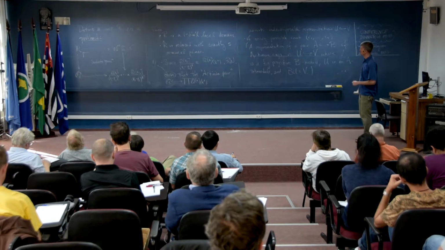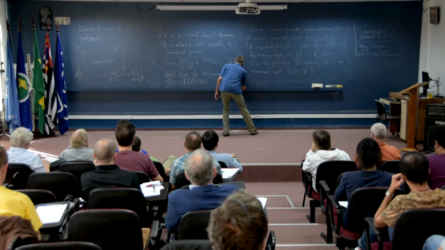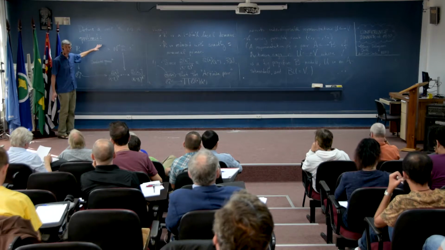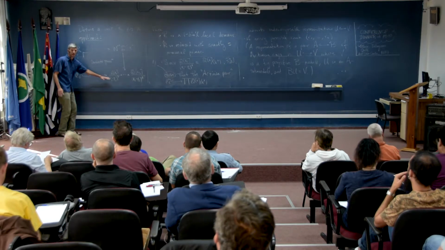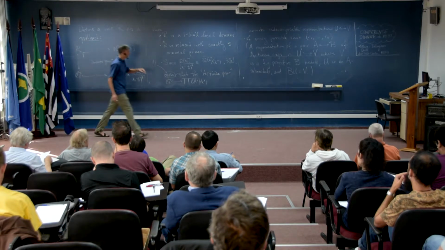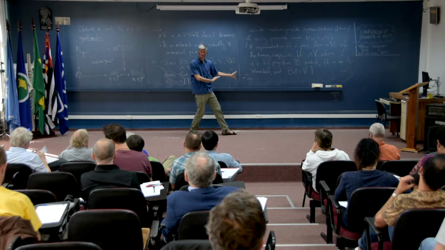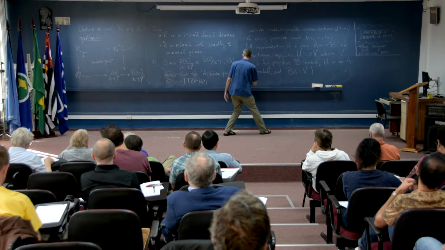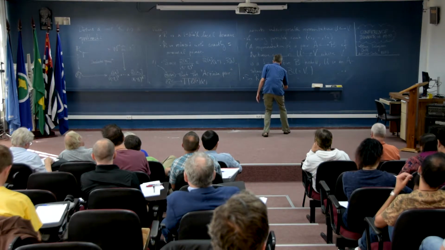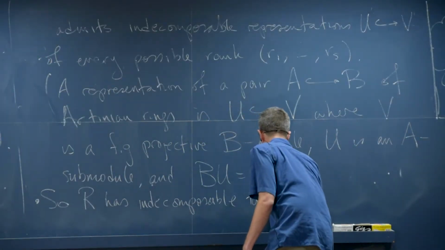Okay, so that's 3 bullet points. I have one more. Let me see if I can sneak it in here. The power of this conductor square is that a representation of the bottom row gives you a module over the pullback. So the consequence there is, so I'm just going to say so. It's not clear that that's a direct consequence, but R has indecomposable modules, even indecomposable torsion-free modules.